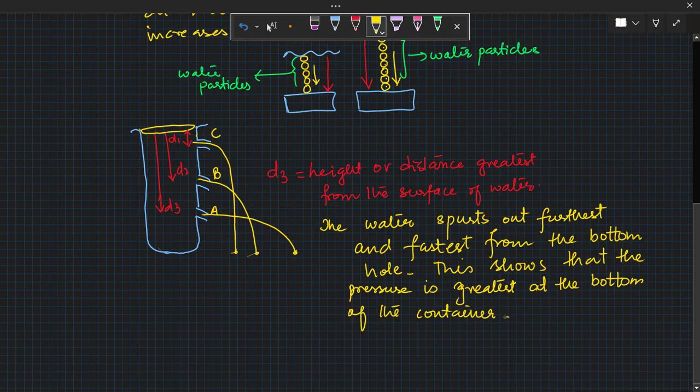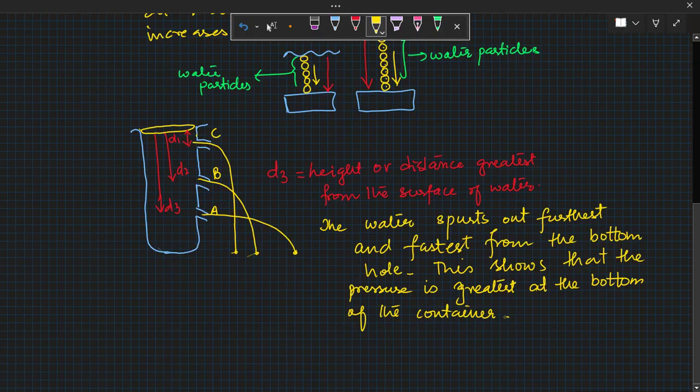Now, is there anything that affects the pressure of the liquid? What do you think if I have water in one container, and in another container I have a viscous liquid, a thick liquid?